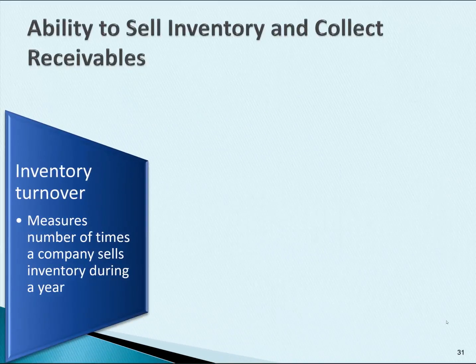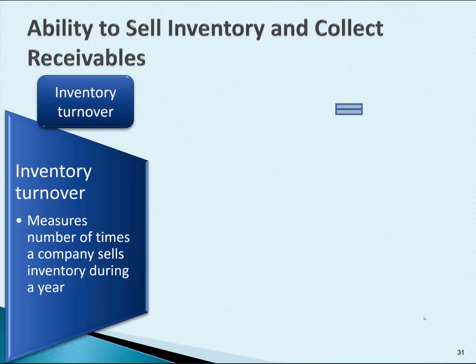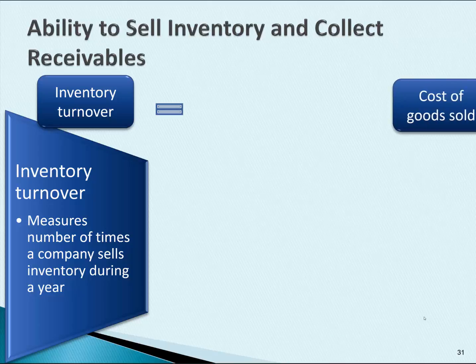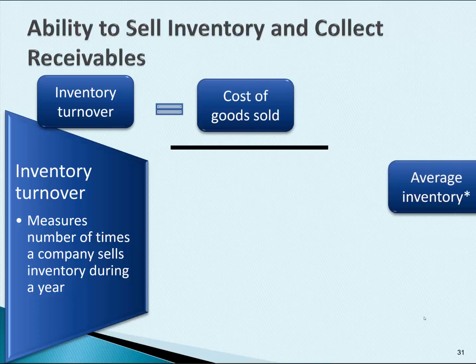So first we have inventory turnover. The formula for inventory turnover is you take cost of goods sold and you divide it by your average inventory.